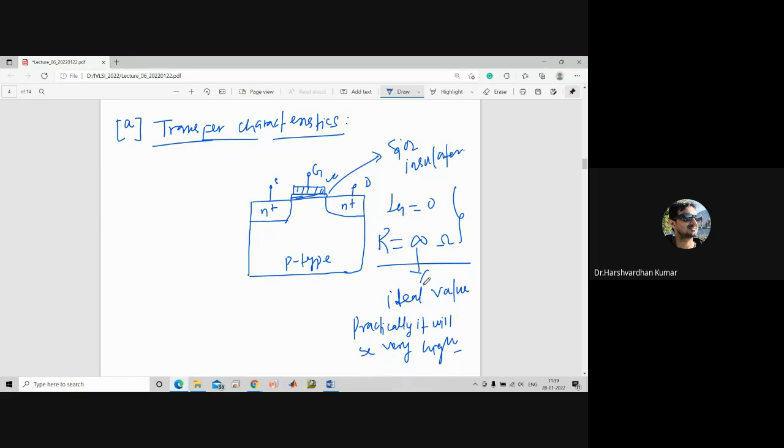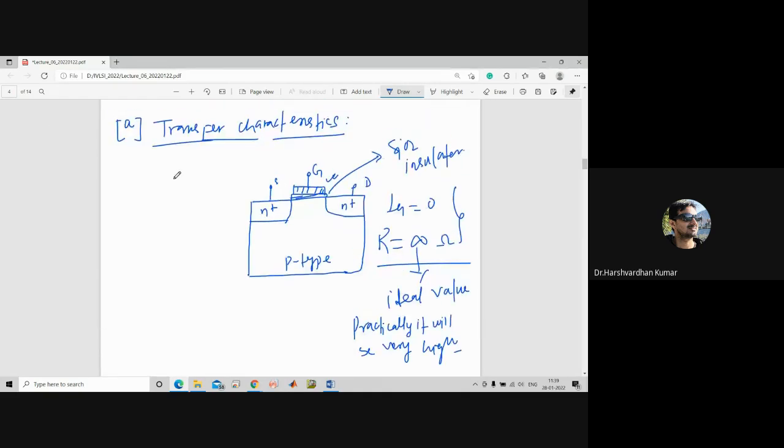But ideally the gate current will be 0 and resistance will be infinite. So you should know the reason why the gate current is 0. Now we will talk about the transfer characteristics.